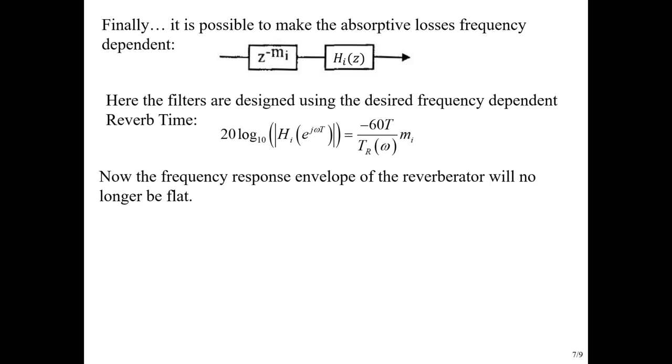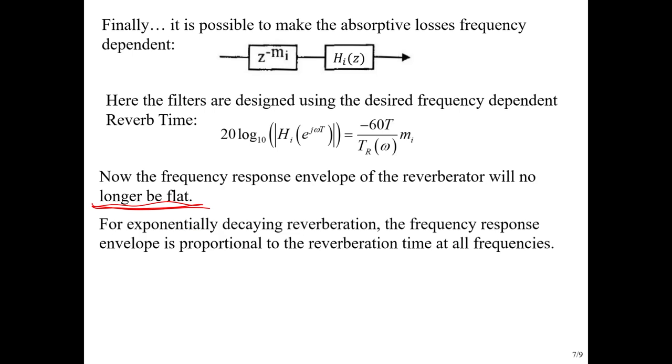So now we stick that in there, and what we find out is that, well, that gives us the right reverb times that we want, but it will also make the frequency response no longer flat. So that's not good. If we just left it like that, the ear would hear certain frequencies being weaker or stronger than other ones, and we don't want that.